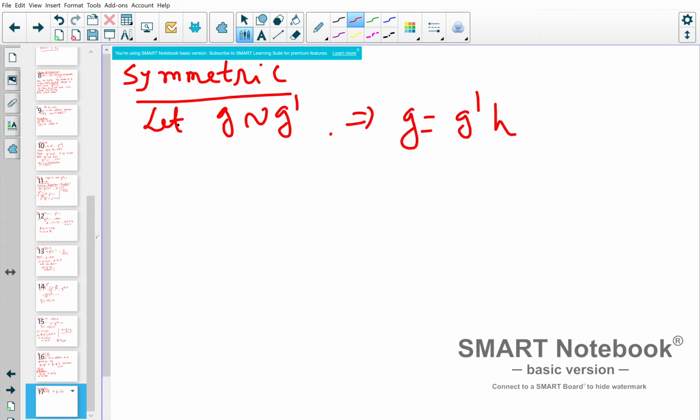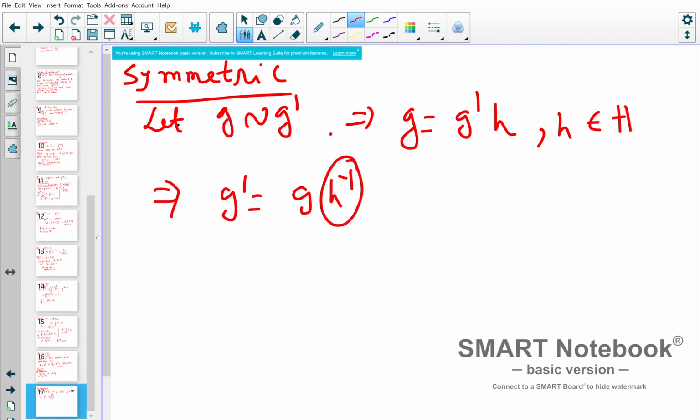But again, you know that h is an element of the subgroup H, so h must have an inverse, right? So you can talk about h inverse. This implies g dash is nothing but g h inverse. And now you see that this h inverse is also an element of H, right?